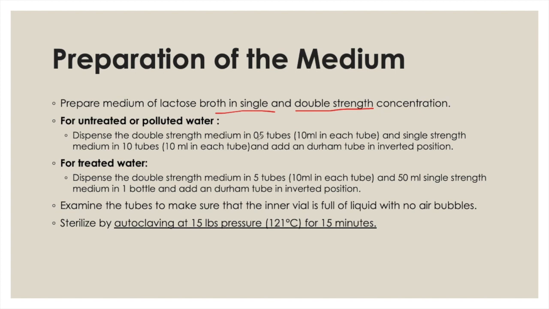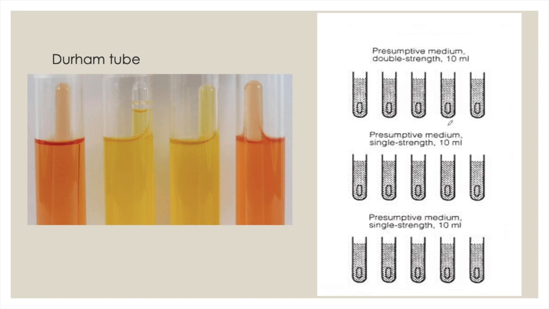So in 5 tubes we will add 10 ml of double strength medium, and in the 10 tubes, in groups of 5 each, we will place 10 ml of single strength medium in every tube. How it will be prepared, I can show you. It looks like this.